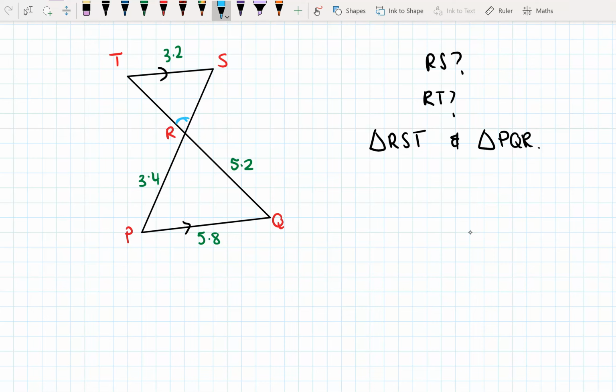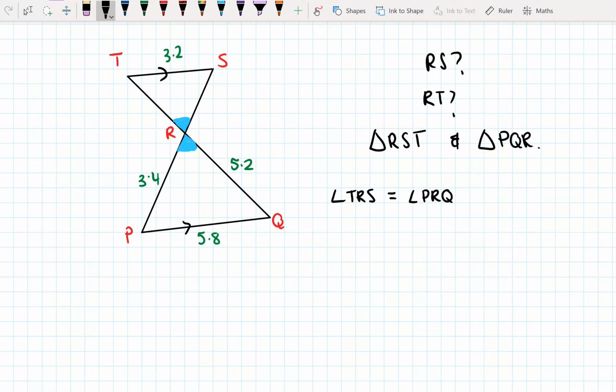Hopefully you've already noticed that we have here vertically opposite angles. I'm going to color it in nicely here. Doesn't matter what the size of them is, we know that it's the same. So these two angles are the same, and we're going to start with that angle. Now the top one, from the top down and up, is TRS. Angle TRS is equal to angle PRQ.